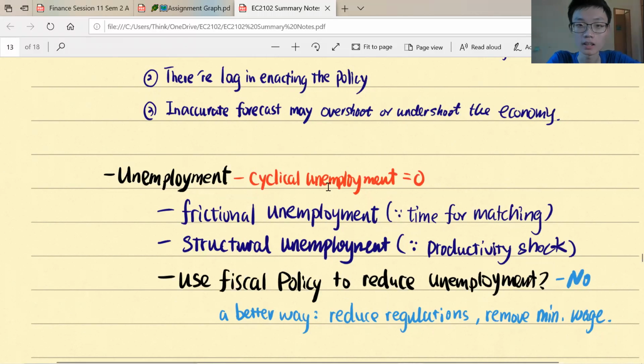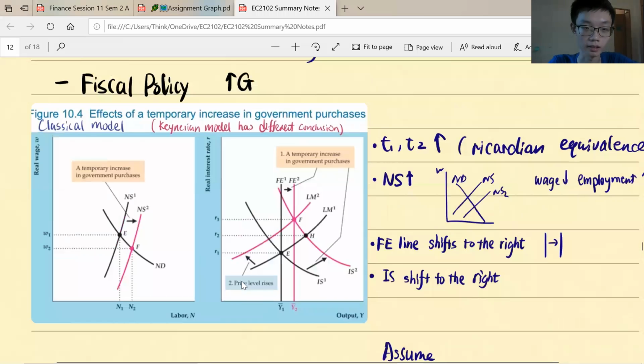And someone asks, why is cyclical unemployment zero? That's because we really do not have unemployment. Here, as you see, whatever changes will always be at equilibrium. There is no excess supply or excess demand.